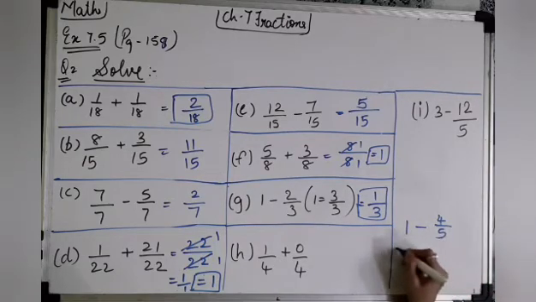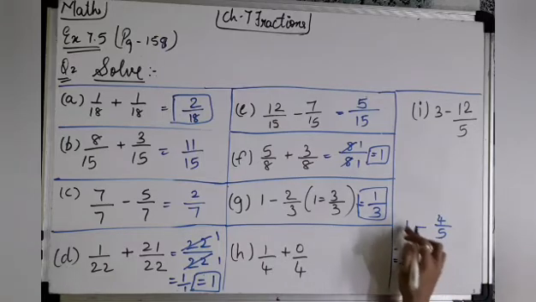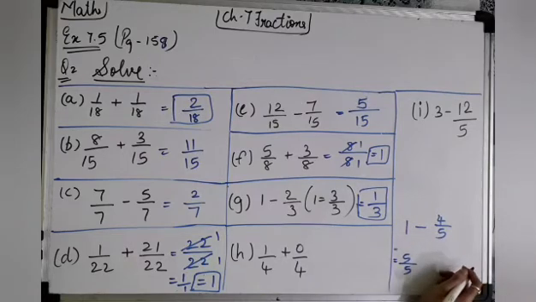So here we can also write 5 upon 5, because 5 ones and 5 ones, so we are writing 1, right? So 5 upon 5 minus 4 upon 5. Denominators are same, so we'll write 5. And 5 minus 4 is 1, so 1 upon 5. This is our answer. Okay.